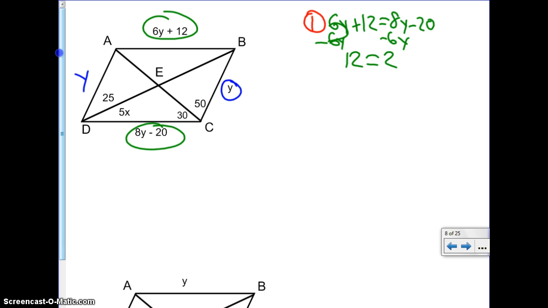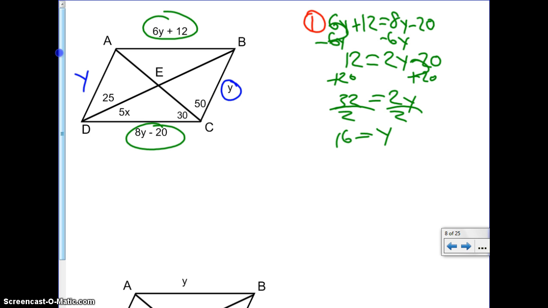So we get 12 equals 2y minus 20. And then we want to move the 20 over. We get 2y equals 32. Divide by 2. Y equals 16.